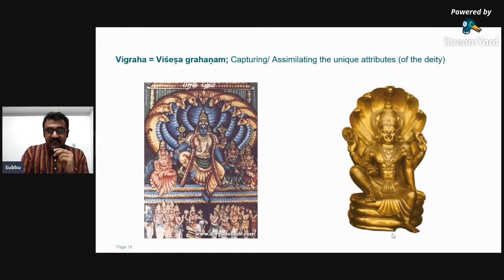A very similar form is what you see at the Tripunitara temple of Purnatrayeshwarar. So the Purnatrayeshwara temple in Tripunitara in Kerala, near Ernakulam, has a very, very similar Vigraham. Again, you see the Lord seated on Ananta, the same posture as the Lord conceptualized in Vaikuntha.